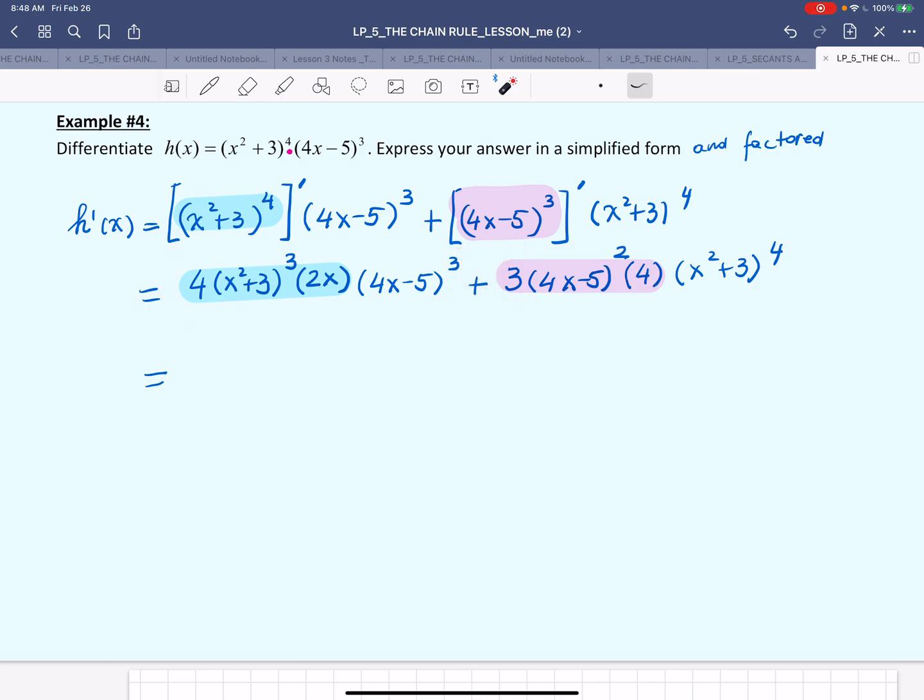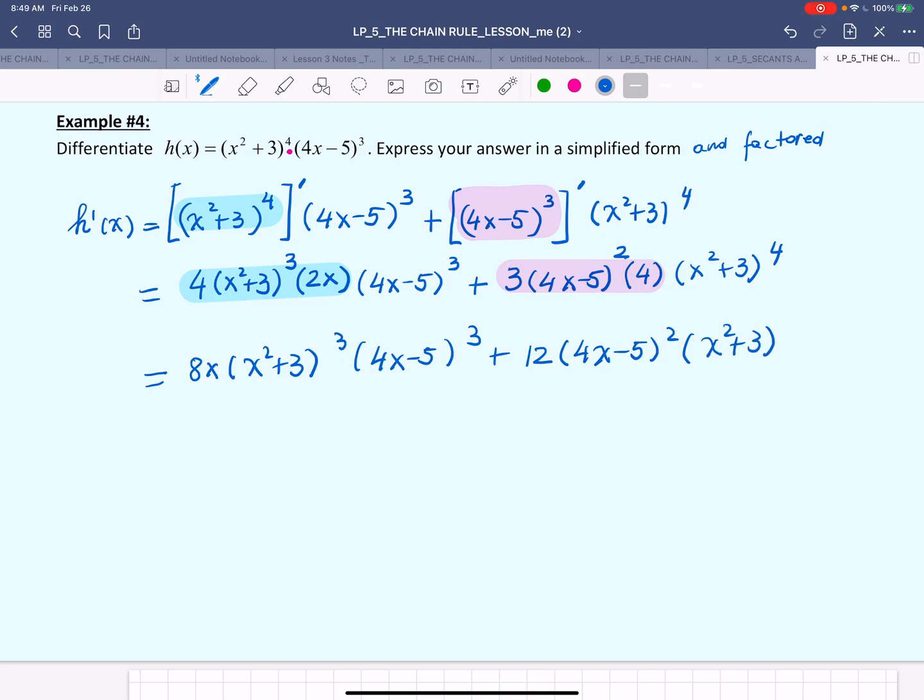And then I bring together the monomials, so I write them in a cleaner form. So we have 4 and 2x, 8x, (x squared plus 3) to the power of 3, (4x minus 5) to the power of 3, plus 3 times 4 is 12, (4x minus 5) to the power of 2, (x squared plus 3) to the power 4.